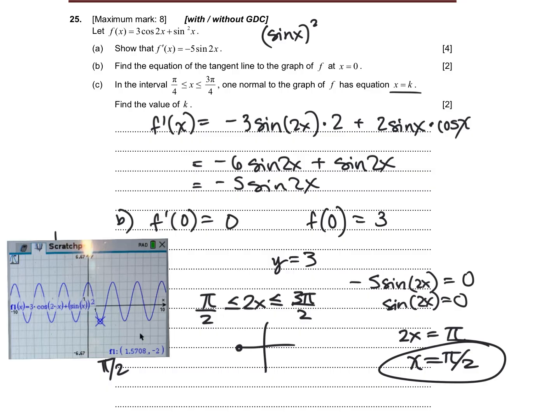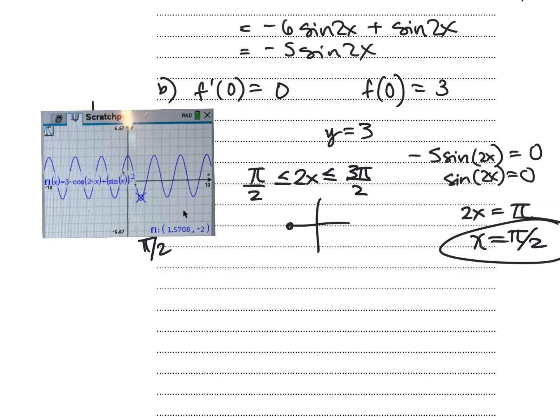So I just included a picture here. So yeah, this is pi over 2 here. So it's a minimum, so the gradient is 0 there. So that's actually y equals -2. But the normal goes through pi over 2. So x is pi over 2.